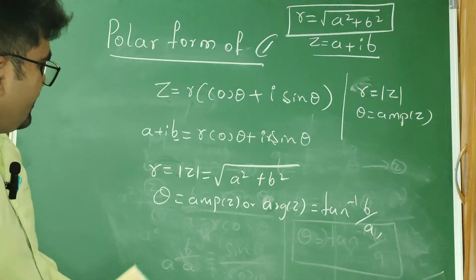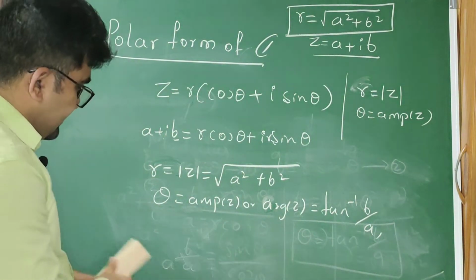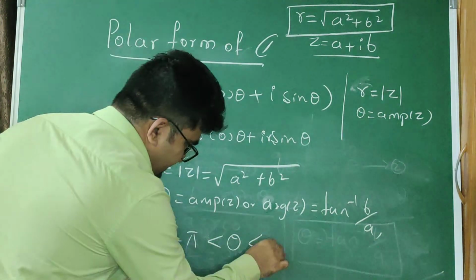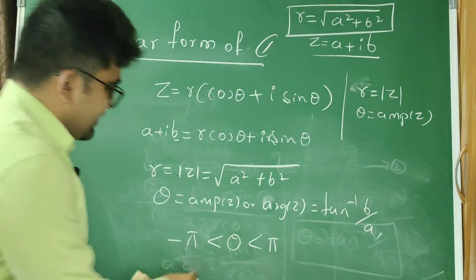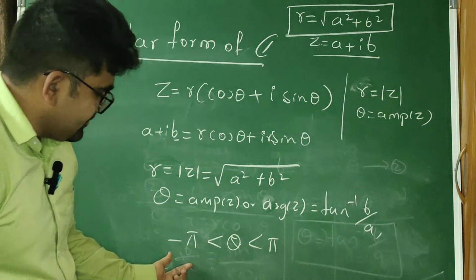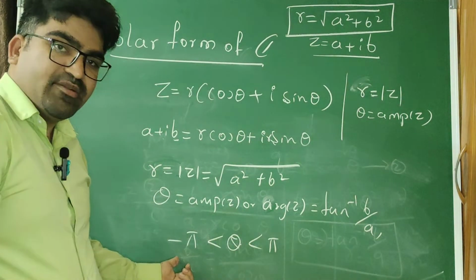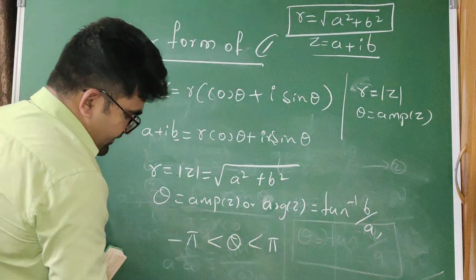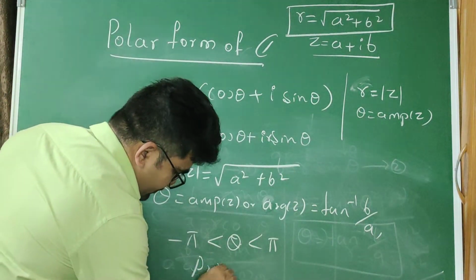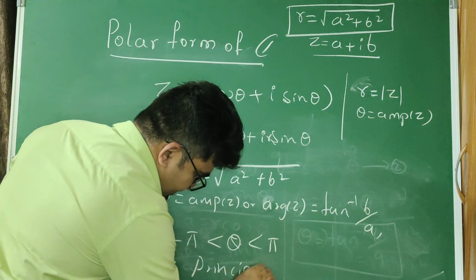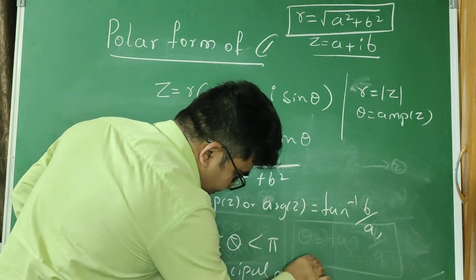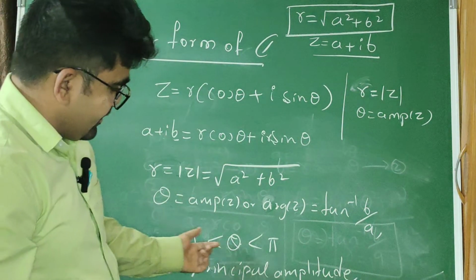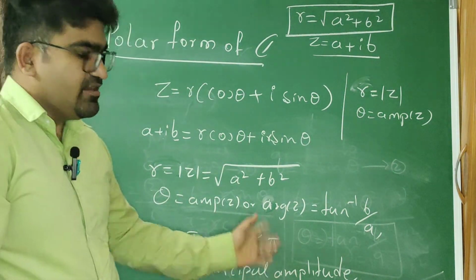Is it clear to you? Now suppose this theta value lies between minus pi and plus pi. Minus pi is nothing but minus 180 degrees and plus pi is nothing but plus 180 degrees. If it lies between these two, we call it the principal amplitude. When do we call it principal amplitude? When the theta value lies between minus pi and plus pi.